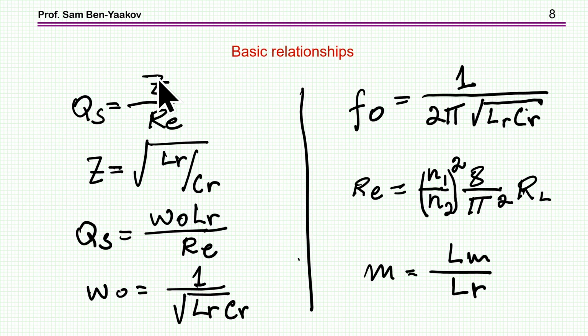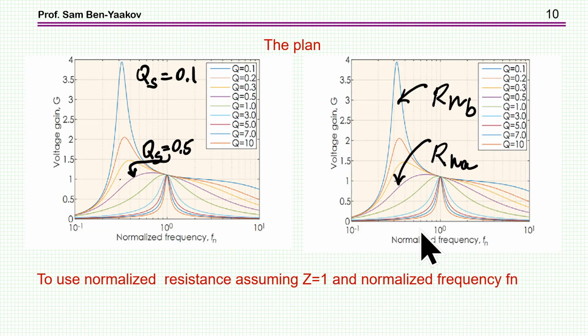Here it is, Z over the equivalent resistance. The problem with the Q is that the resistance is 1 over. We are used to resistances, so Q is kind of becoming a little bit mysterious here. We don't know how to deal with it. So the approach that I'm developing here is based on resistances.